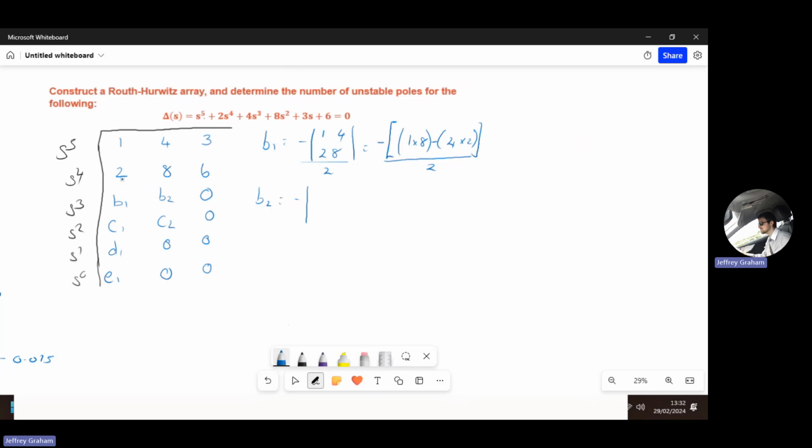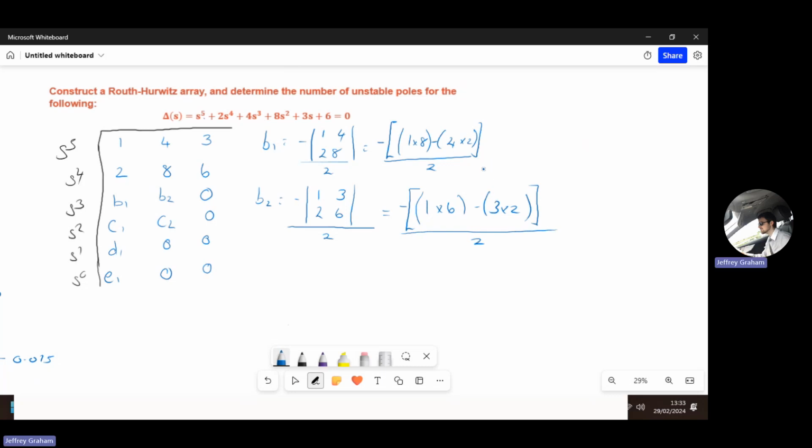I'll quickly jot in B2 on them here. So we've got 1 and 2, 3 and 6 over 2. So 1 times 6, take away 3 times 2, all over 2.